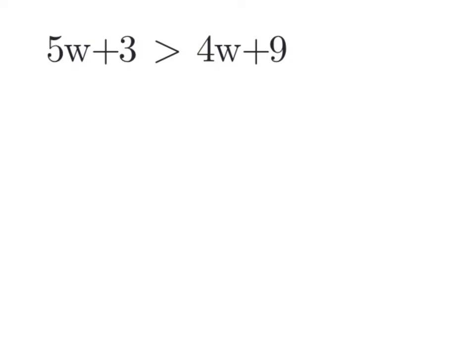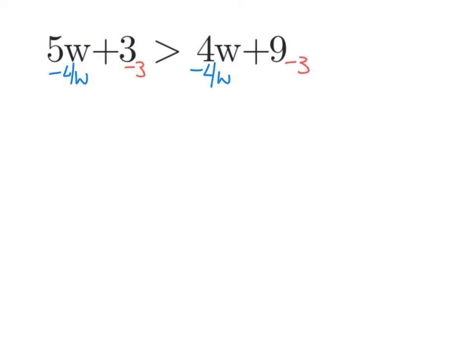As things get a little bit more complicated, the algebra is still the same. The only thing we've got to worry about is multiplying or dividing by a negative number. So when we have 5w plus 3 is greater than 4w plus 9, you would probably get all of the w's onto one side and get all the constant terms on the other side.